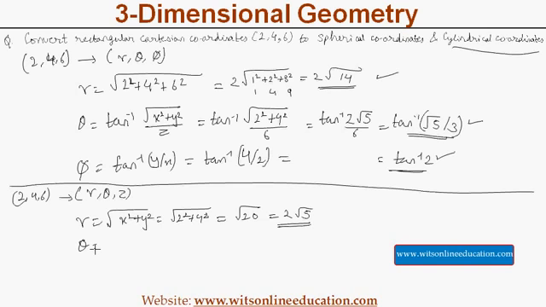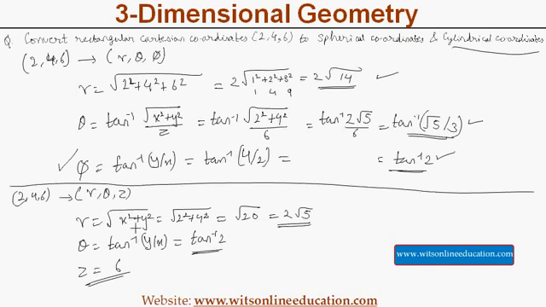Theta is tan inverse of y upon x. Also note that this has the same definition as phi in spherical coordinates, so this will be tan inverse 2. And the z coordinate will be simply the value of z, that is 6, because this z is the same as z in the Cartesian coordinate system.